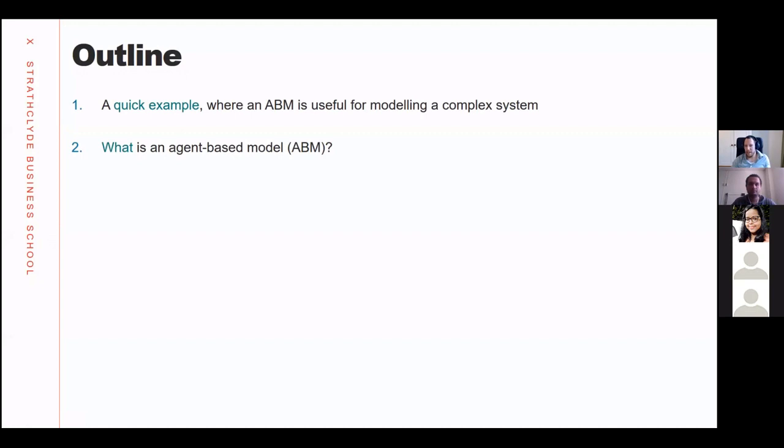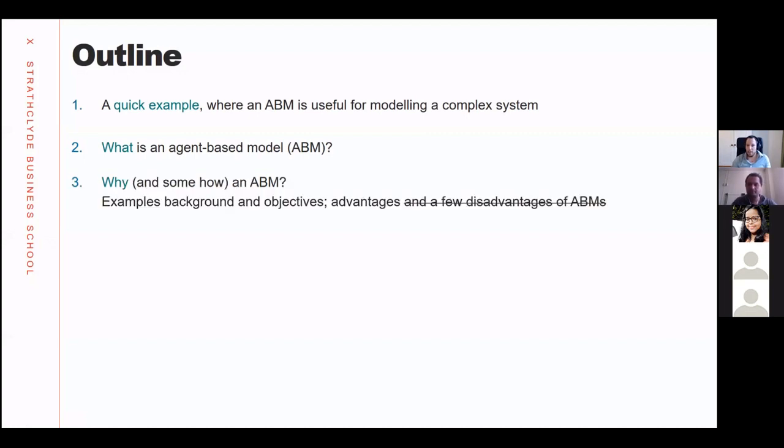Then I'm going to define, since I heard that a lot of you are interested in working on agent-based modeling, some of you might have some experience, some of you might have less experience, so for those of us that have a bit less experience, what agent-based modeling is. Then we'll talk a bit about why and some of how an agent-based model is developed, using examples, including the background, objectives and advantages of agent-based modeling.